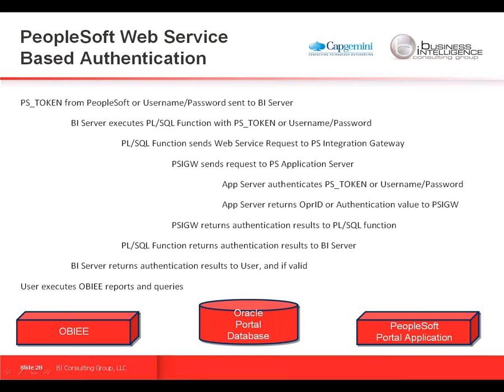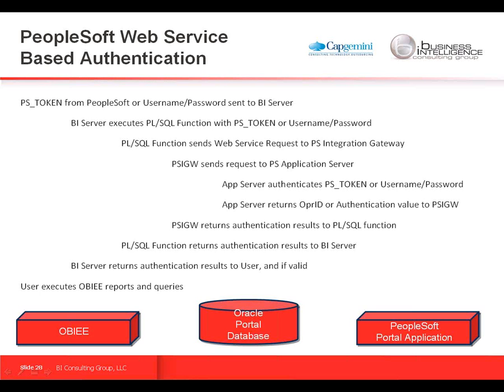Then the answer to that, whether they were valid or not, or what their operator ID was, would go back out through the gateway to the PL/SQL function and then back to the BI server.